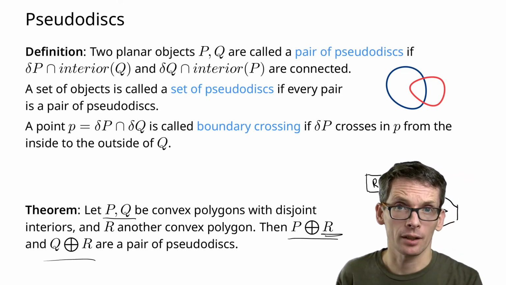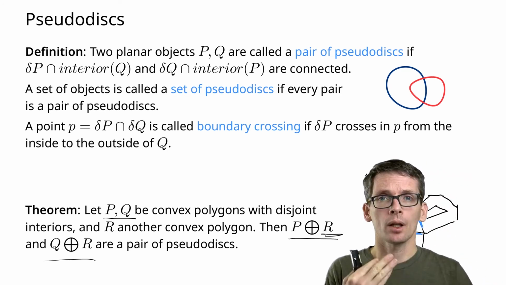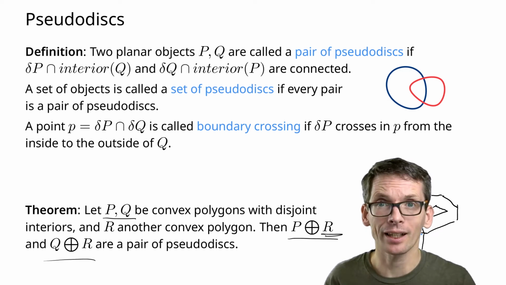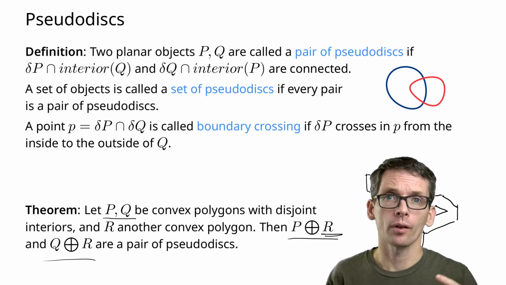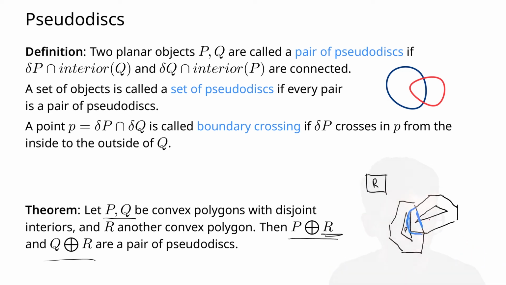Why is that the case? It is the case because if we look at the extreme points of P and Q, so here we have Q, here we have P, if I have two convex polygons, they have the following property: if I look at who's extreme, P or Q, in the space of directions, then in these directions, P is extreme.